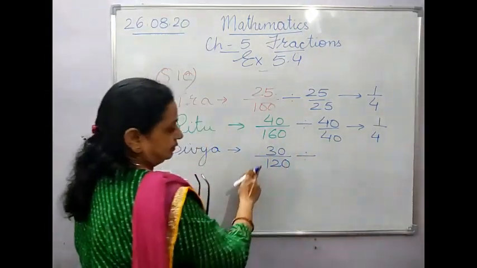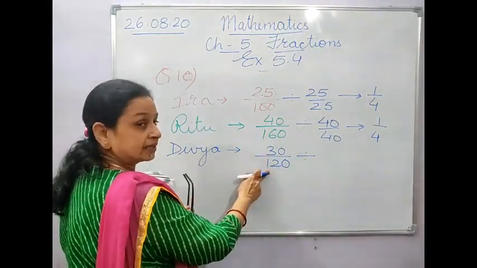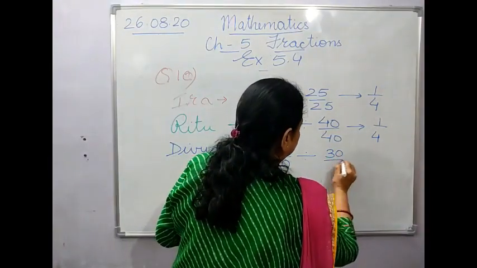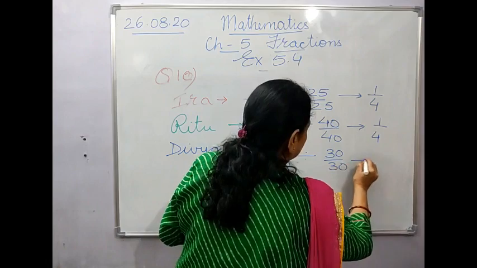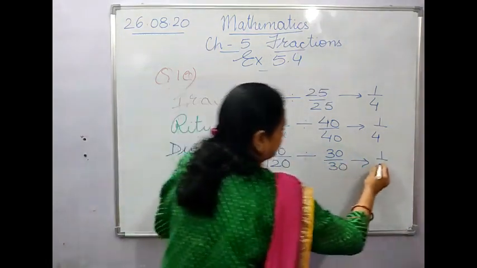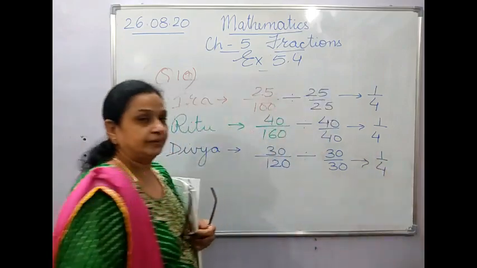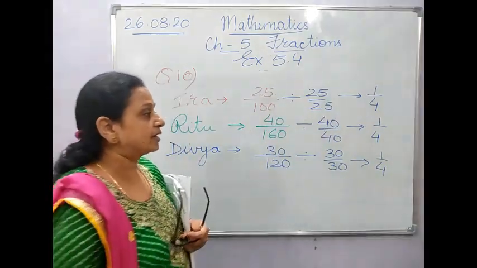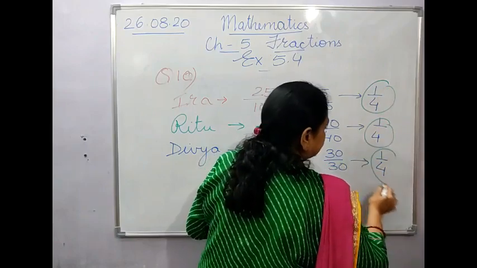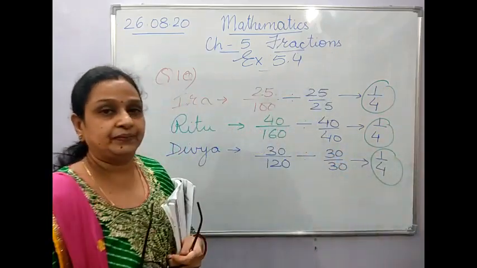Similarly, we can easily see 30 and 120 can easily be divided, so we will divide it by 30. 30 ones are 30 and 30 fours are 120. It is 1 upon 4. Now you can easily make out that they have read the same fraction of pages.